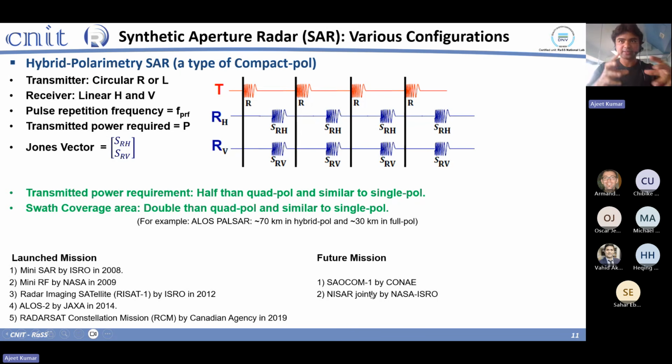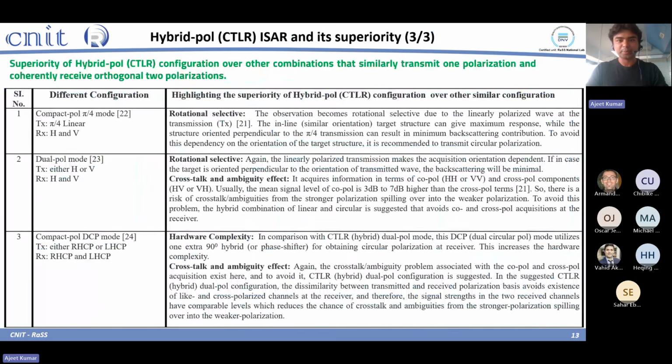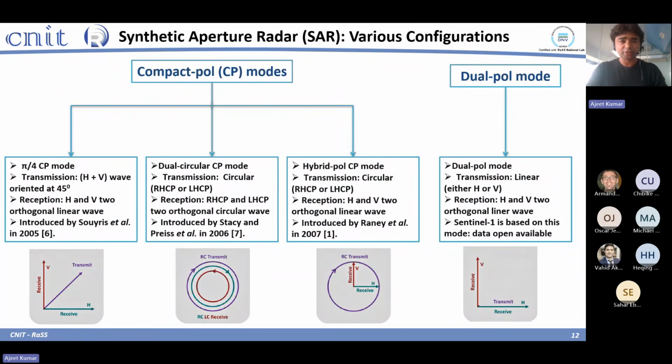NISAR also has some areas where it is going to acquire compact hybrid polarimetry data. The focus on hybrid polarimetry has its merit, because it has a benefit over other configurations.